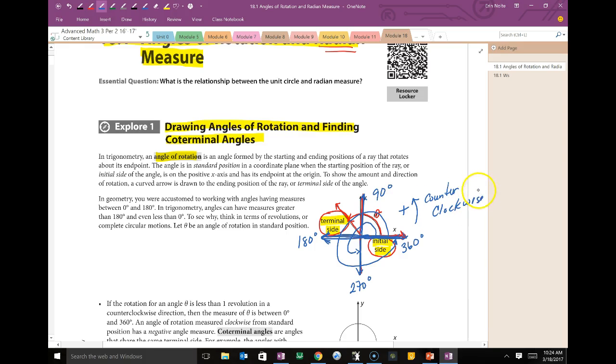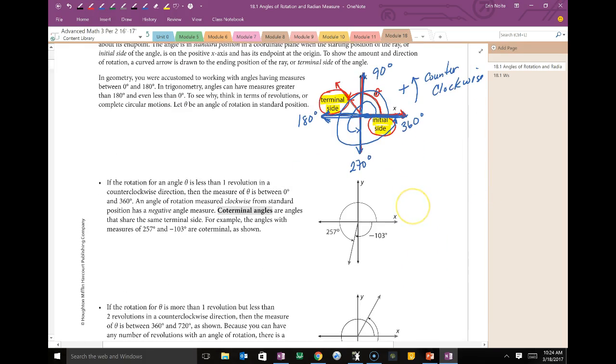Okay, so you will also see negative angles. Here's another vocab word, coterminal angles. A coterminal angle is an angle that shares the same terminal side. So this right here is an example.